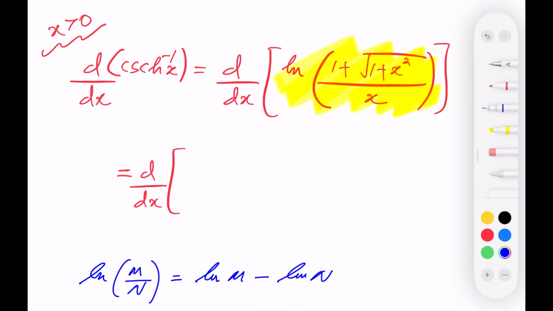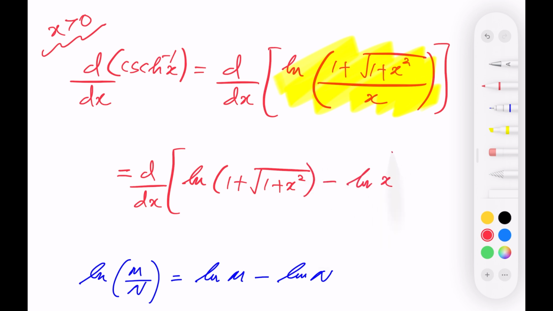Of course, it doesn't necessarily have to be natural logarithm. For any base, any logarithm will show this characteristic. Therefore, I can use that property and simplify that function to be differentiated. I'm going to write this down as natural logarithm of 1 plus square root of 1 plus x squared, minus natural logarithm of x. I can do that because we have the condition x greater than 0 for this function.